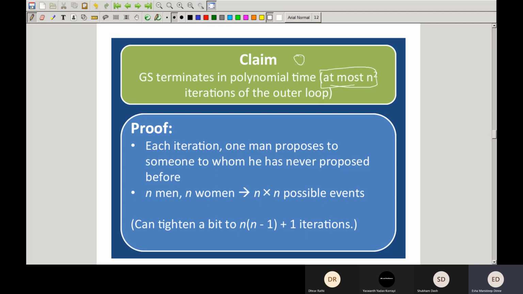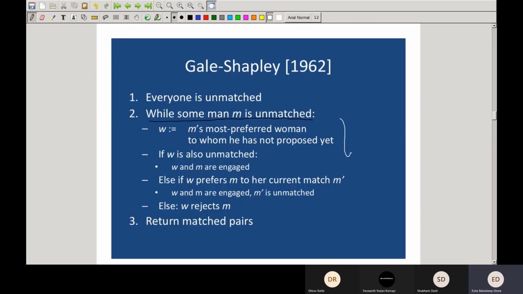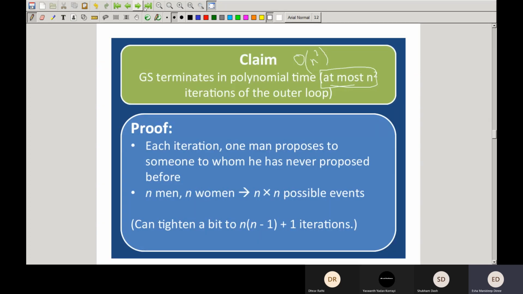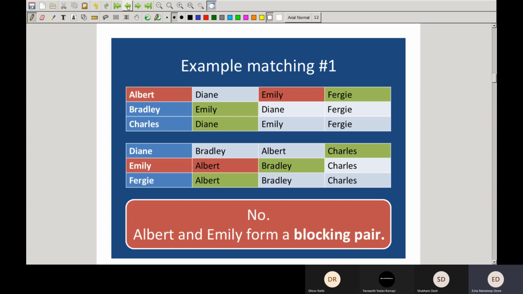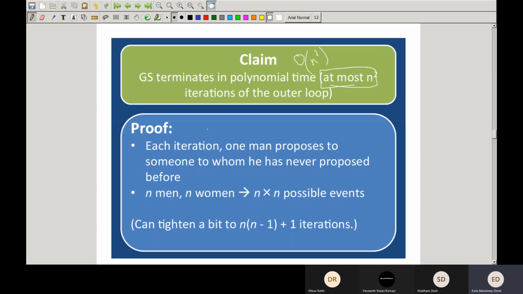So the complexity will be around n square, because each of these things takes at most order of 1 time. This is a huge improvement from the one we had before, which was order of n factorial whole square.